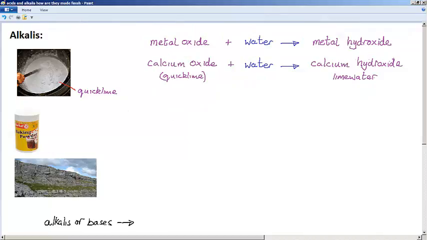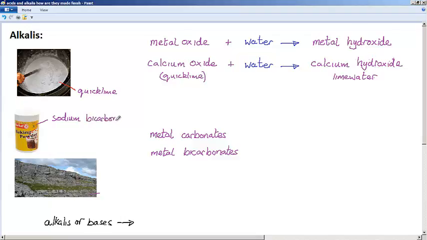Now, other substances that will also produce alkalis are carbonates and bicarbonates, metal carbonates and metal bicarbonates. Here we've got an example of a common metal bicarbonate that you can find in the kitchen, and this one's called sodium bicarbonate.